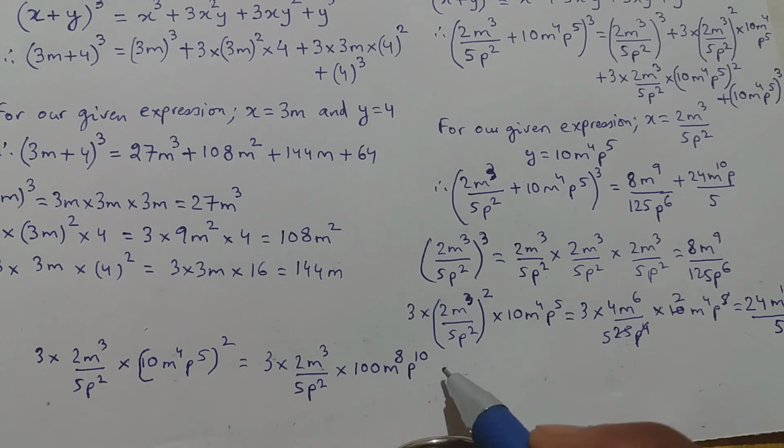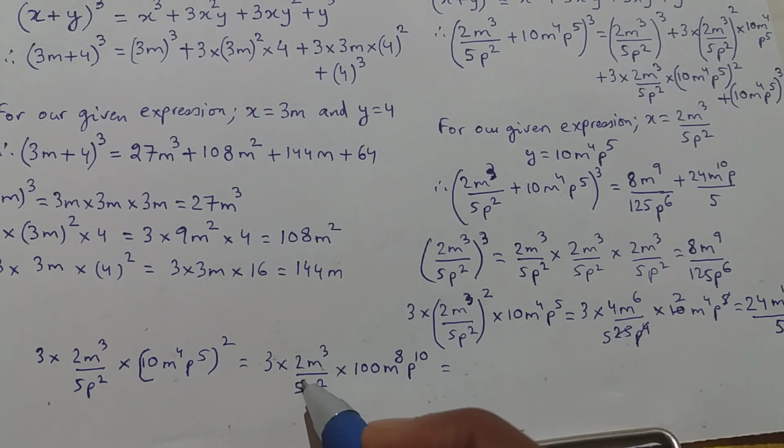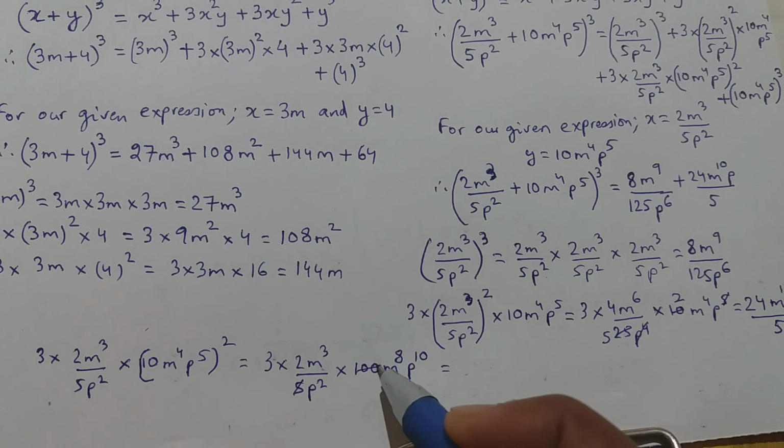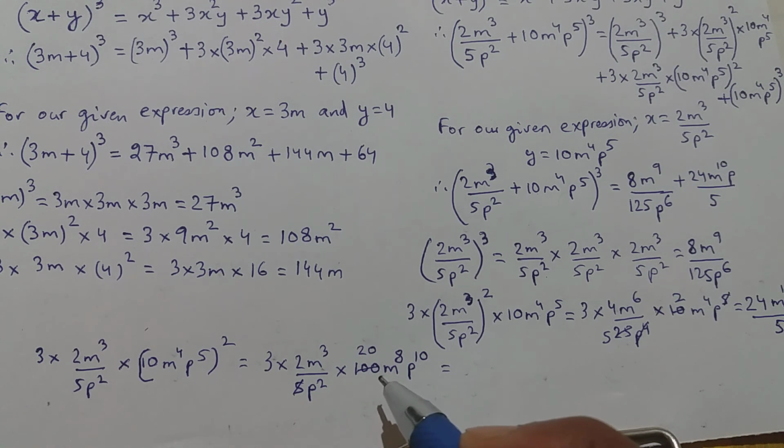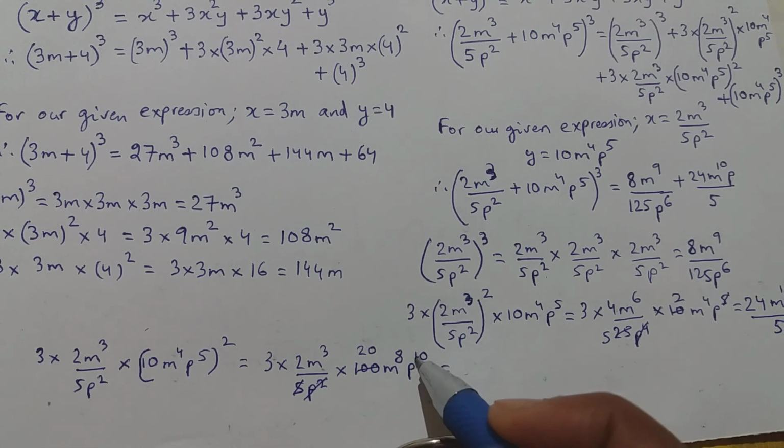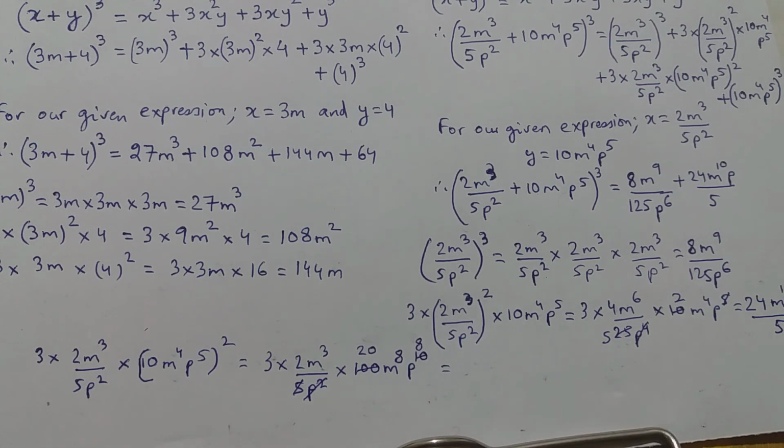So let us simplify this. So 5 ones are 5, 5 20s are 100. Now p to the power 10 upon p square is p to the power 8. So in the numerator I am having p to the power 8. So we are having 3 into 2m cube into 20 m to the power 8 p to the power 8.